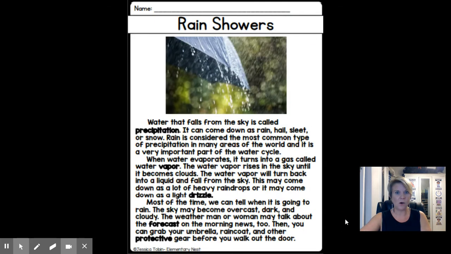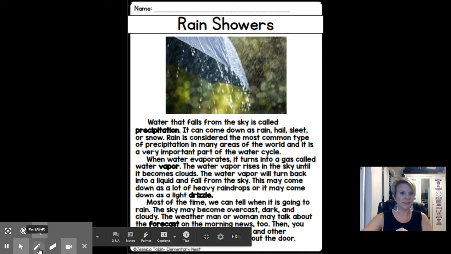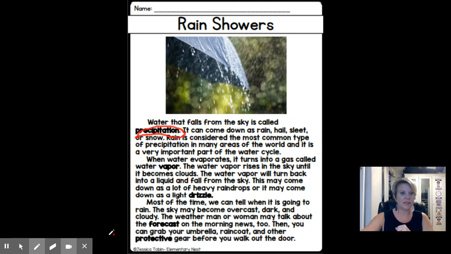Okay, so now we're going to look at a passage called Rain Showers. Now, in this passage, you can see there are some bold words. Remember, bold words are words that are darker print than all the rest of the print around them.